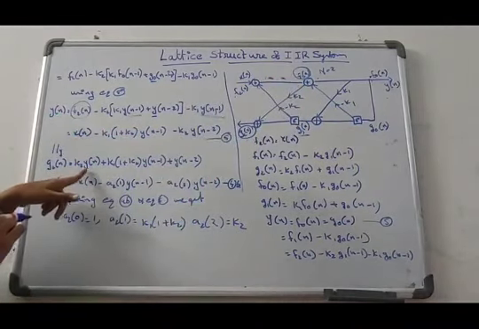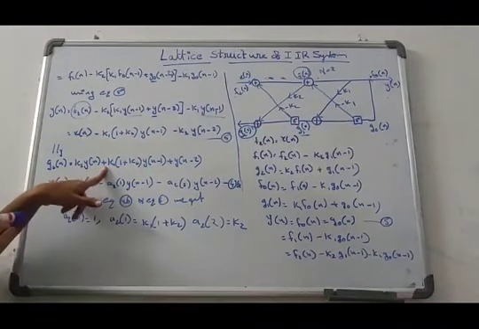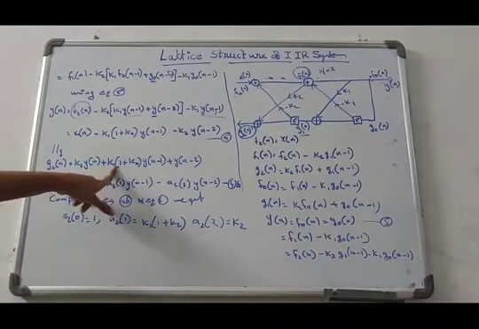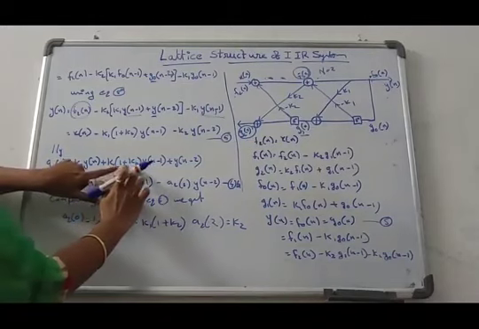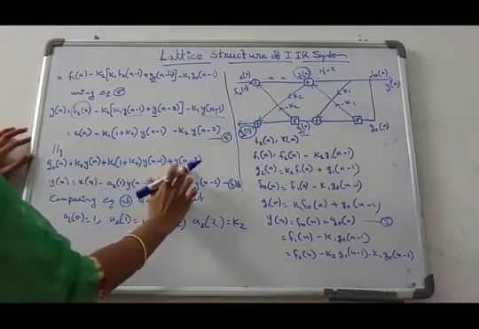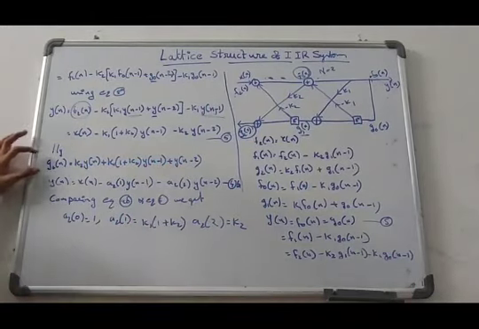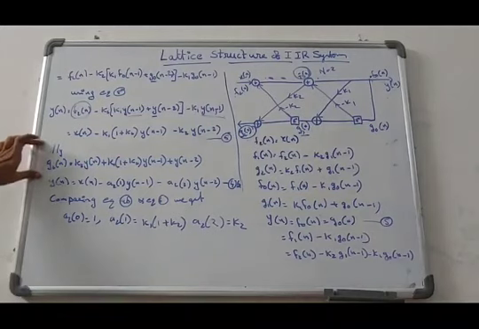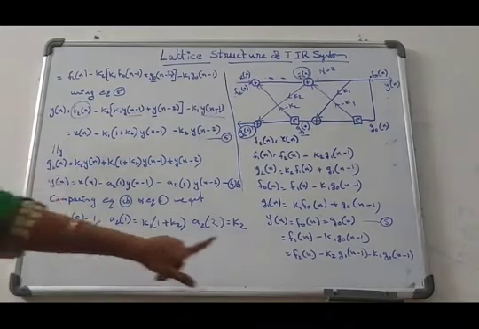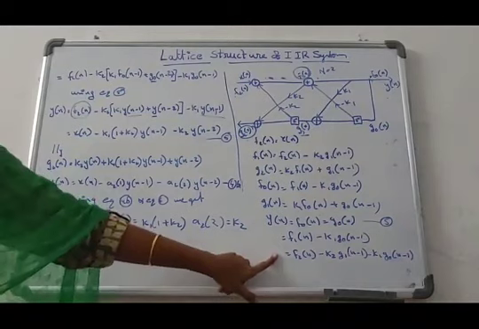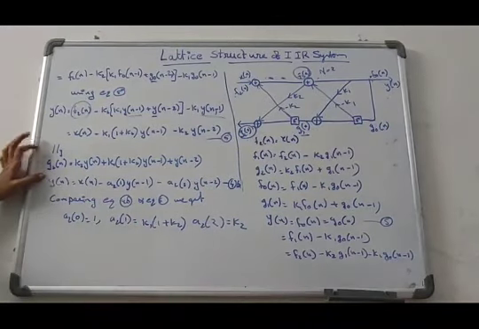F1 of n you can write as y of n plus K1 into 1 plus K2 into y of n minus 1 plus y of n minus 2. In the same way we followed for y of n, you can do for G2 of n.